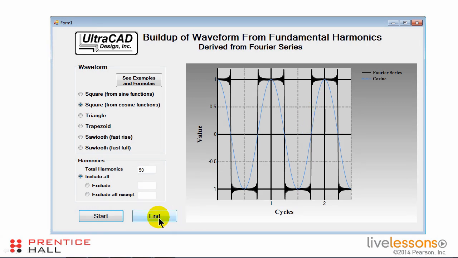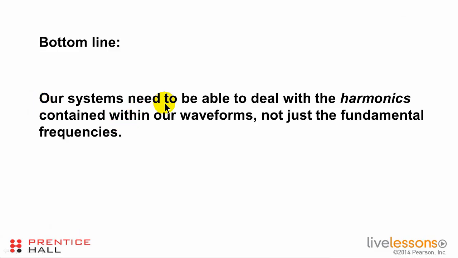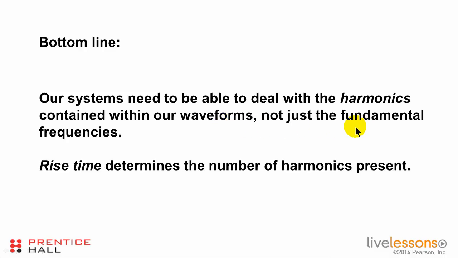So here's the bottom line. Our systems need to be able to deal with the harmonics contained within our waveforms, not just the fundamental frequencies. And the reason is because the rise time determines the number of harmonics that are present. And if we want to pass the signal in a way that looks like we want it to look, we have to be able to pass all of these harmonics.